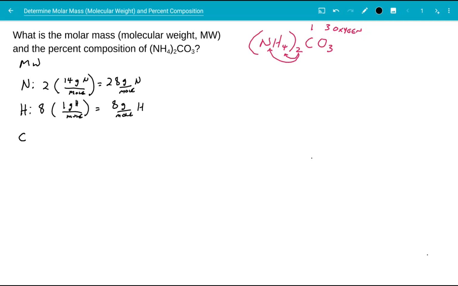Now let's take the carbon. There's only 1, so 12 grams carbon per mole. So in this case, this is just 12 grams per mole.